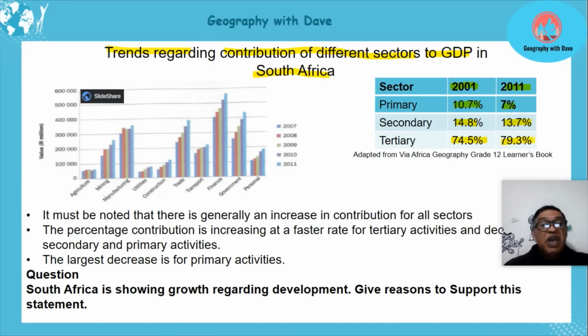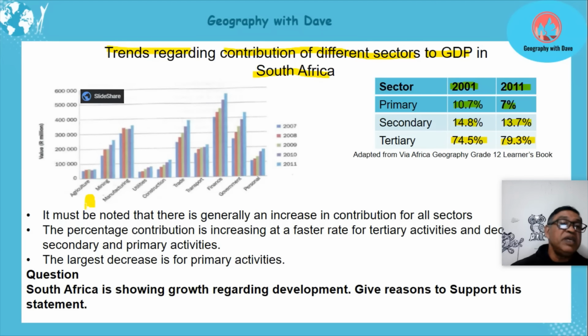So we are moving in the right direction, in the growth position regarding development. So you must notice here that when we looked at this, we saw that there's growth happening. Now, how is the growth happening? If you look here, you find there's general growth. This is agriculture, which is primary, mining, which is primary, in this area here.